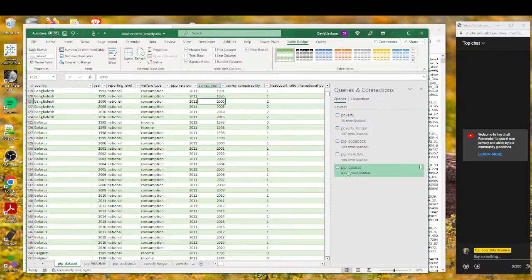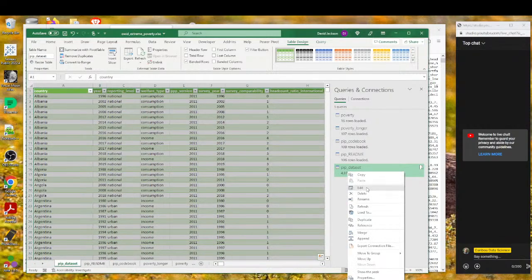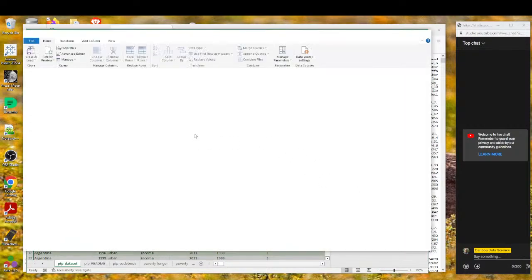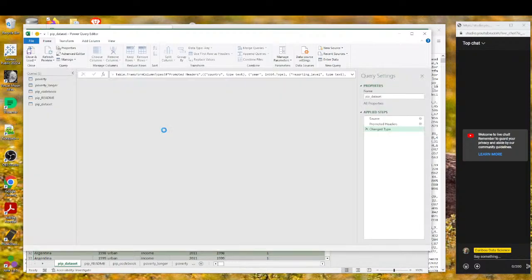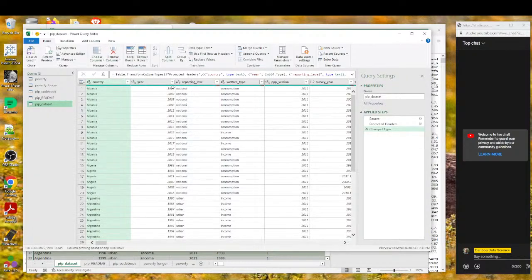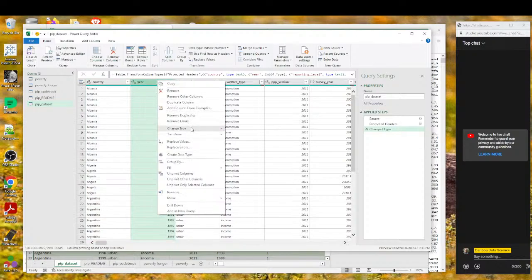Let's do this. PIP data. Let's come back over here. Edit. And let's convert year to an integer.